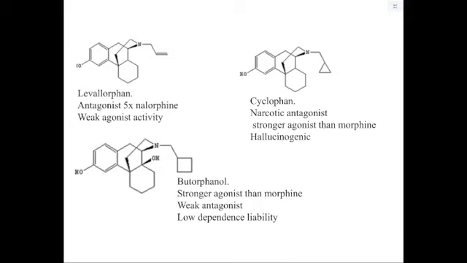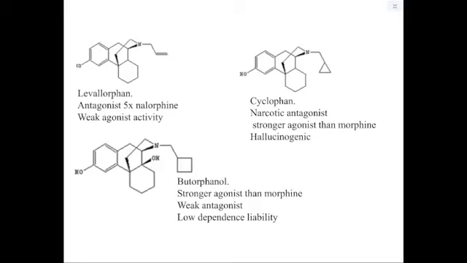We have added 4 because even with morphine and all the others, this carbon is part of all the other substituents. So we are looking at that group here. The group we have added there is an extra 4 carbon atoms, and the higher the number of carbon atoms, the weaker the antagonist activity.